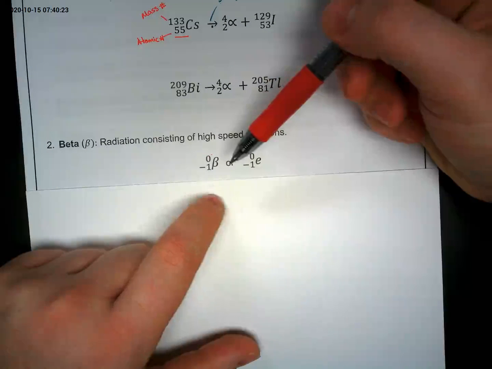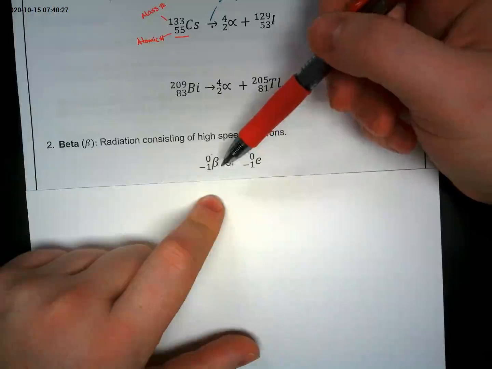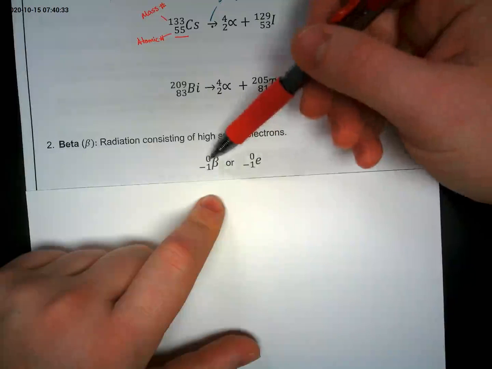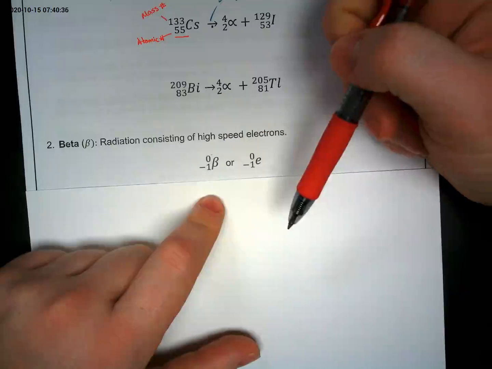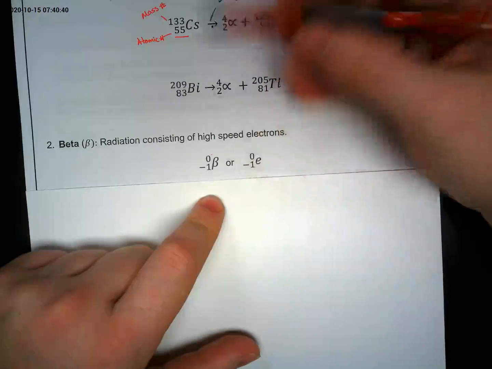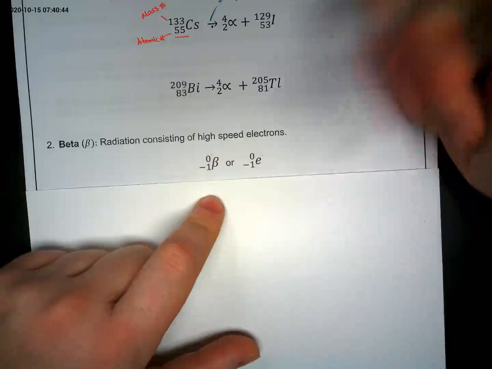That's the mass number. Because electrons have no mass, or at least it's so incredibly small that it's pretty much negligible, we put a 0, but we still want to put the charge down, which is -1. And just like with the alpha particles, we can show it like this or we can show it like this.